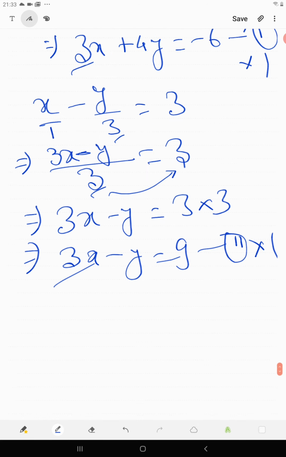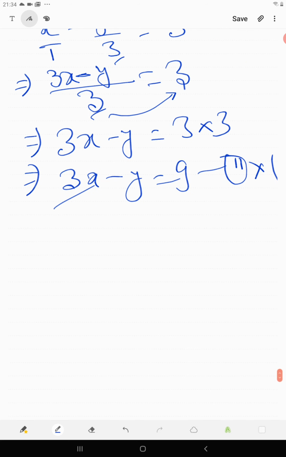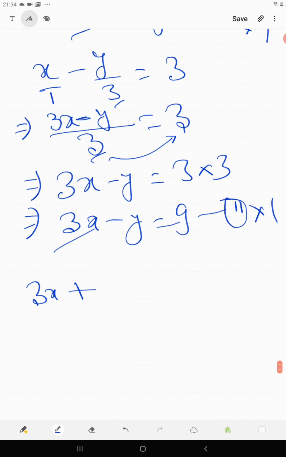So if you multiply equation 1 by 1 and equation 2 by 1, you will get 3x plus 4y equals minus 6, the same equation. After multiplying equation 1 with 1 and equation 2 with 1, if you want, you can change the equation number, or it can be the same also.